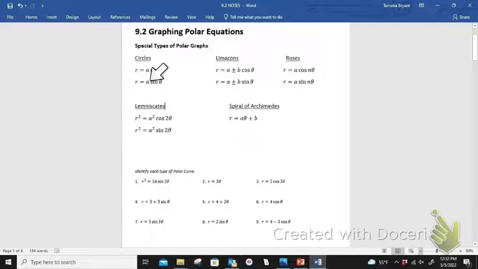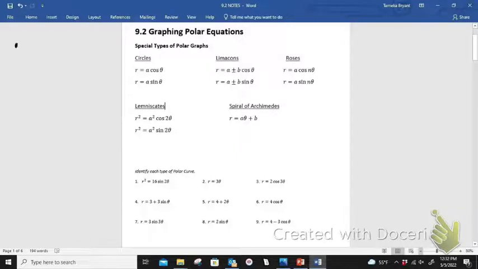It just kind of goes through the different kinds. There are 5 different types of polars, and I apologize because I'm probably saying these wrong. The first one is a circle. Notice that for a circle, you can have sine or cosine.